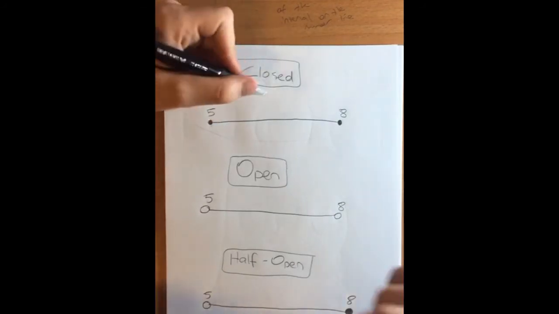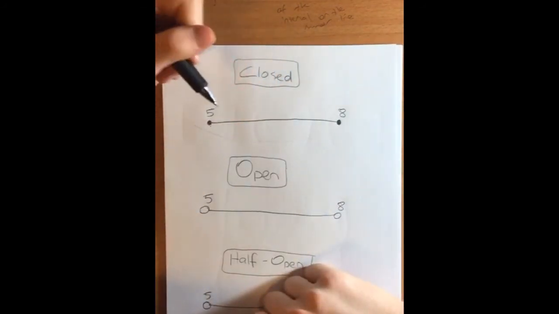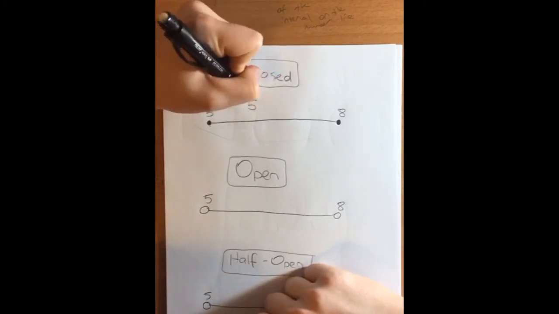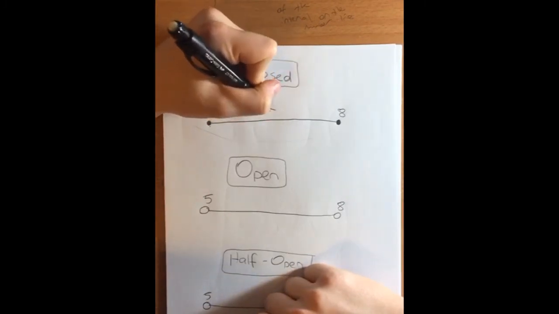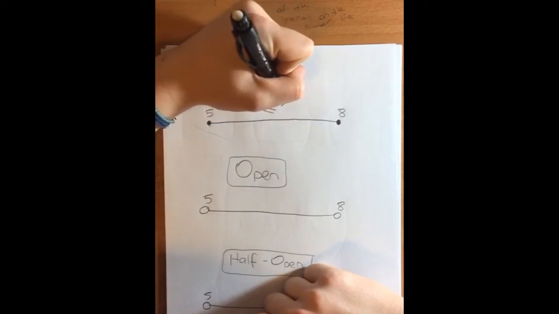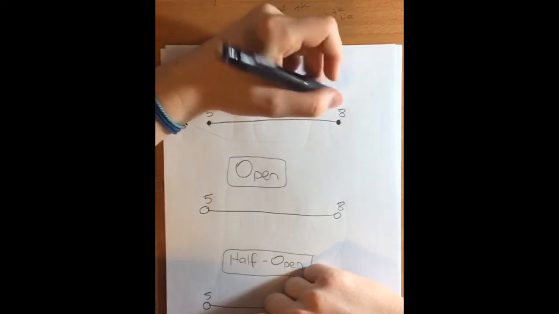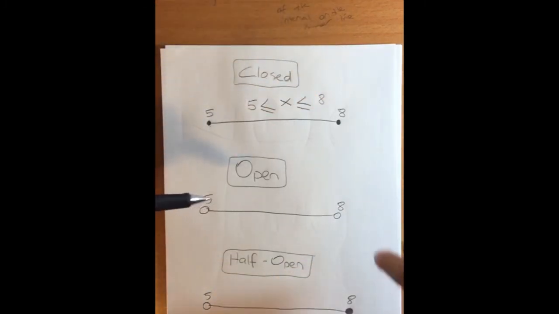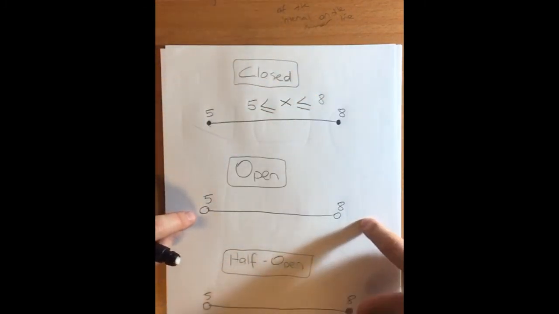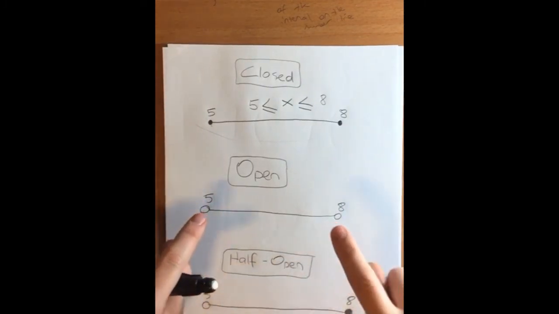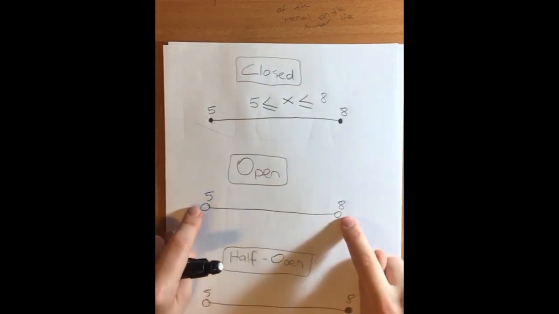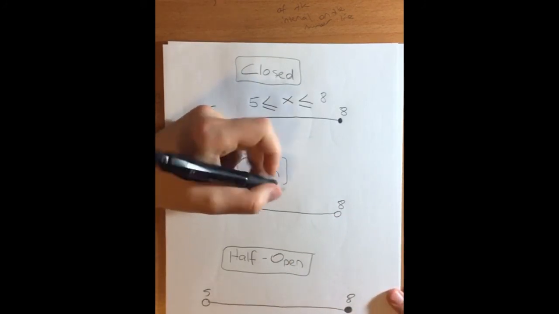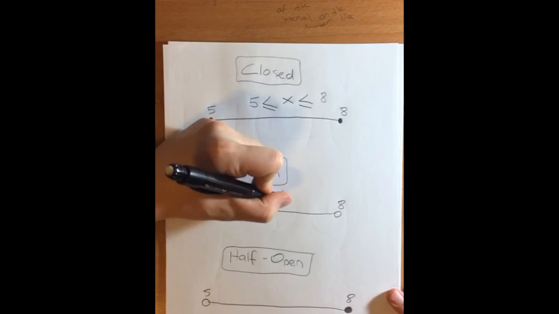So this representation also means 5 is less than or equal to x is less than or equal to 8. In the open interval, you can see both of the dots are not filled. So we can simply say 5 is less than x is less than 8.